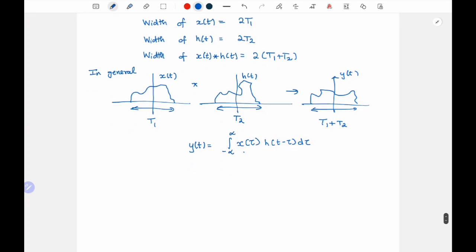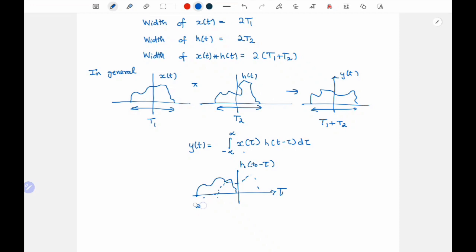So for example, if I rotate h of t and then push it by t naught minus tau, I will have it something like this. And this starting point will be pushed by t naught from wherever it was. Let's take this as the initial signal. It is being pushed by t naught.